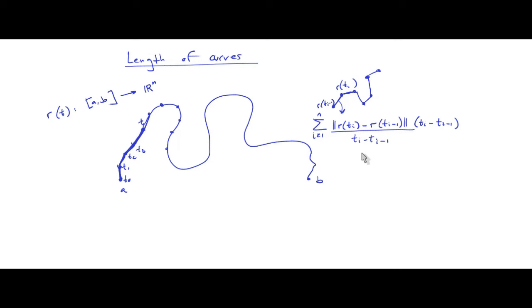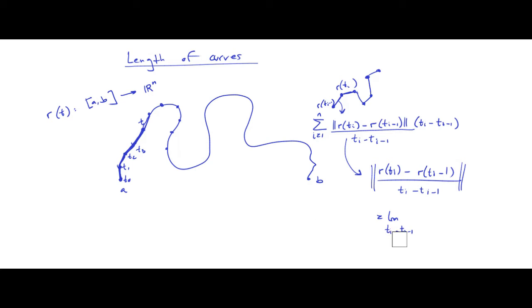Then we have the norm, and since the divisor is a number, we can divide the norm by a number, and this is the same as the norm of this vector. Now what is this? If we take the limit when ti and ti minus 1 are very close together, this is just the derivative.